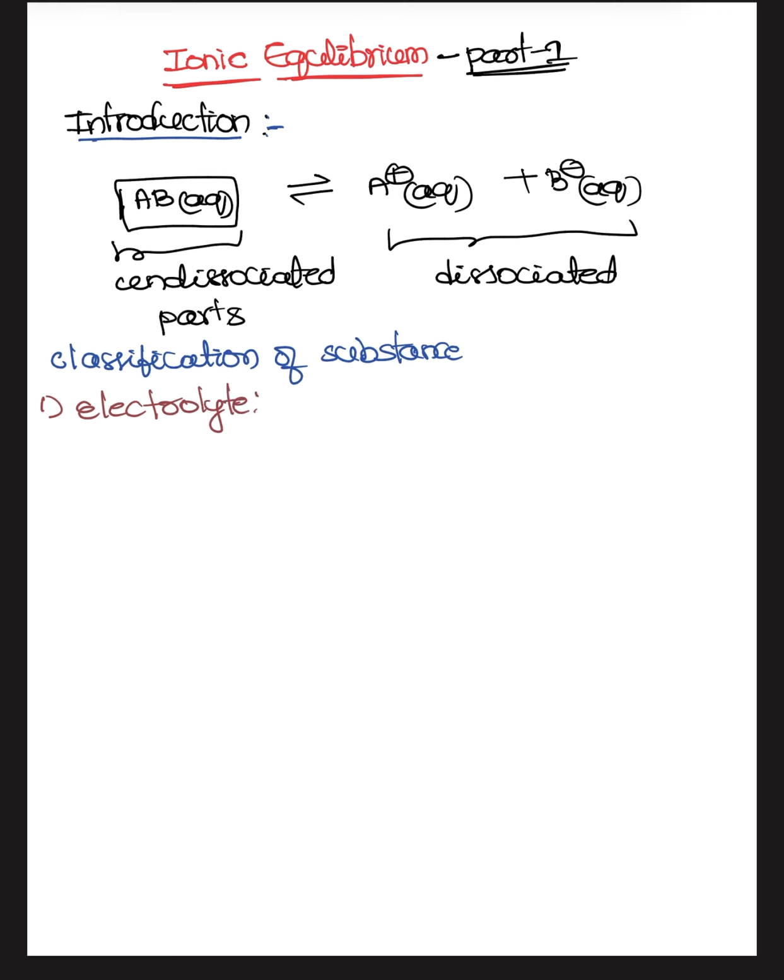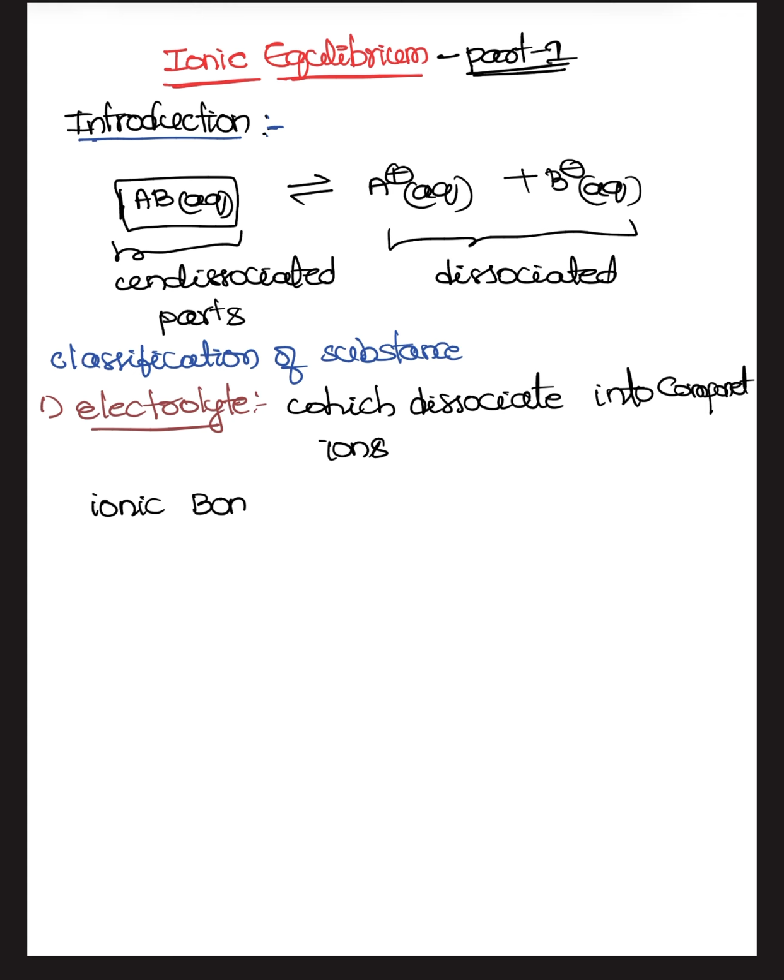Electrolytes are substances which, when dissolved in water, dissociate into component ions. Examples are compounds containing ionic bonds, for example NaCl and KCl, and compounds containing polar covalent bonds, like HCl.